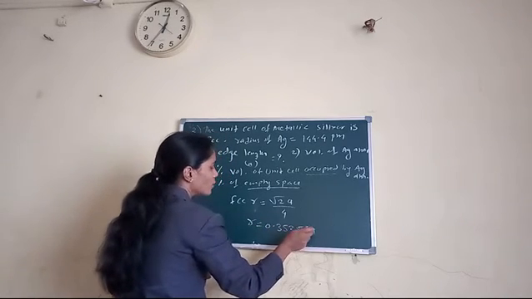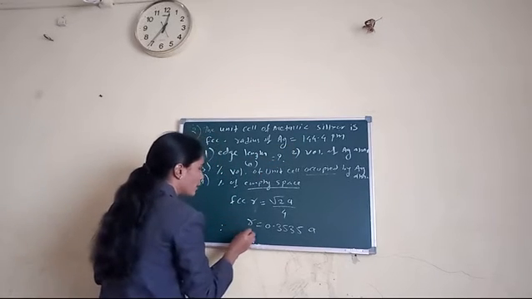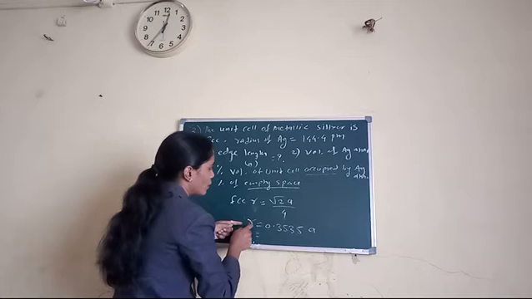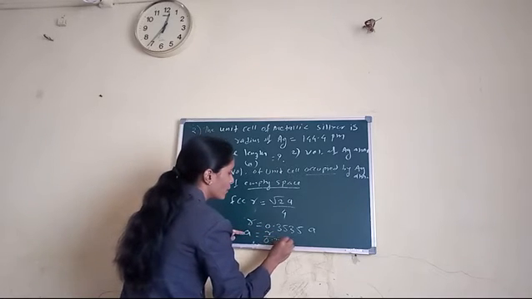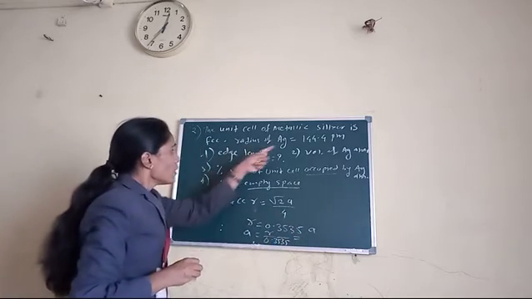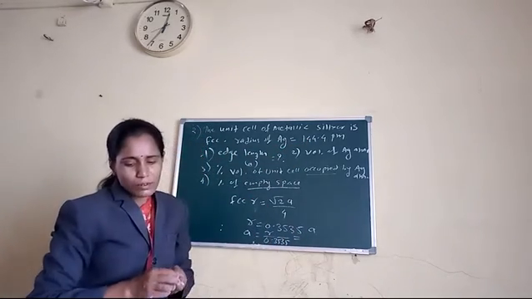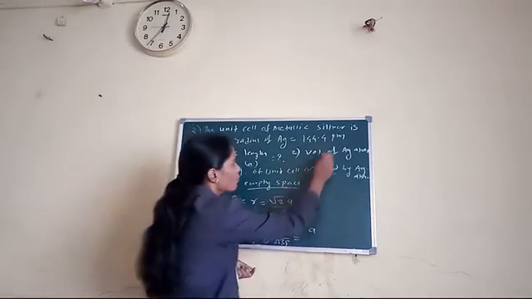A means edge length. R is given, so a is equal to r upon 0.3535. Therefore r is 144.4 picometer. Picometer is converted to centimeter.